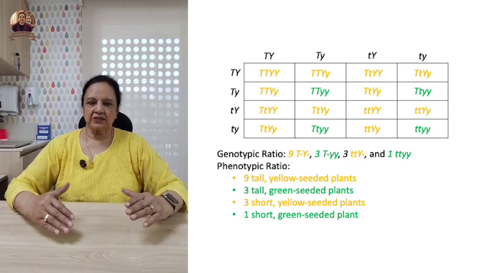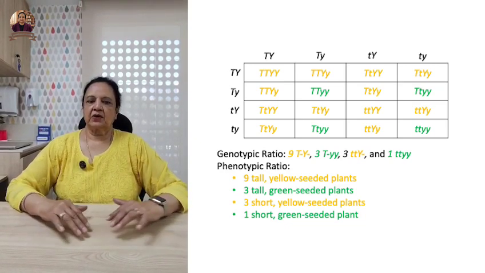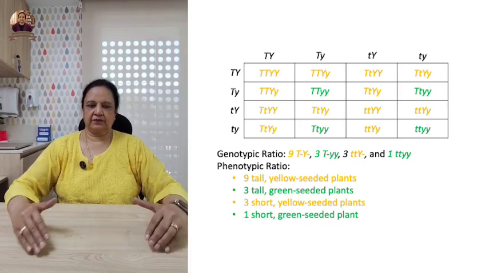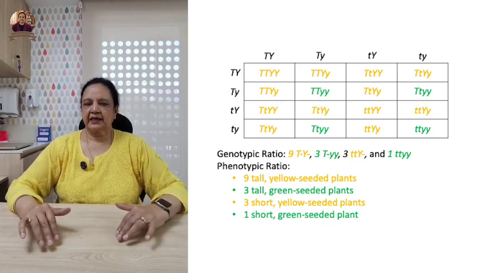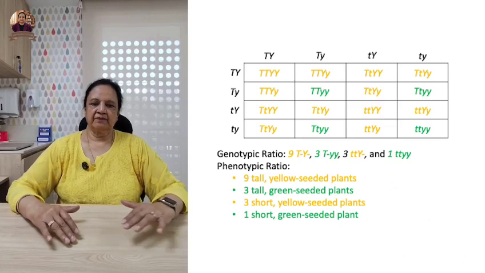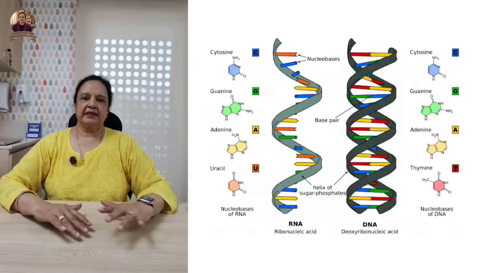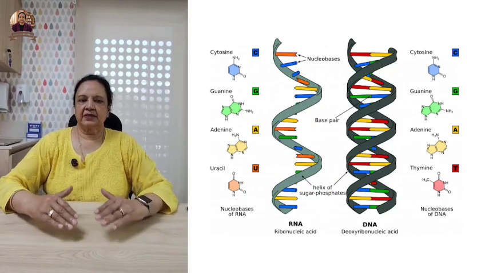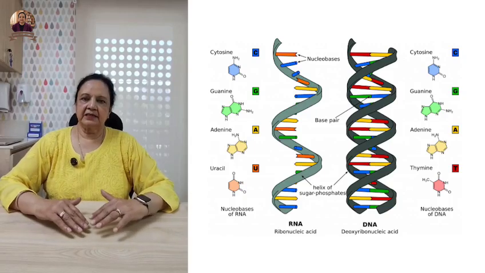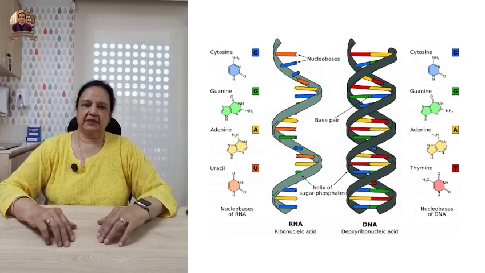Now, when you toss both coins together, the chance of getting tall and yellow is the highest, that is your 9 in the ratio. The chance of getting short and green is the lowest, that is 1 in your ratio. The other two combinations give you 3 and 3. That is all the 9:3:3:1 ratio is. It is not magic, it is simply the probability of different combinations.